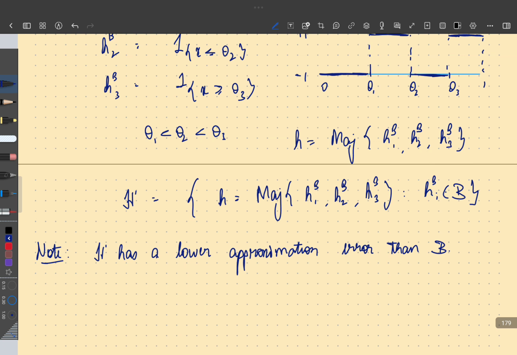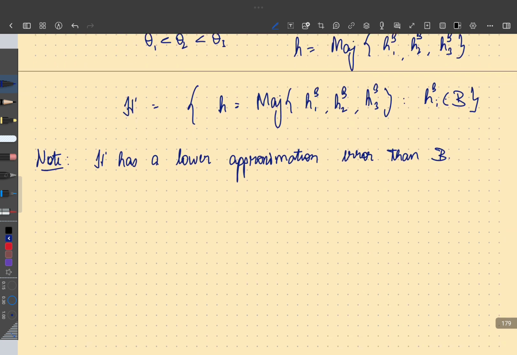So the strategy behind bagging is the following. You have your data set S. From this S, you create new data sets just by resampling points from S itself.